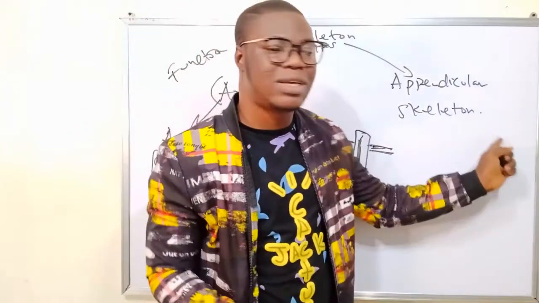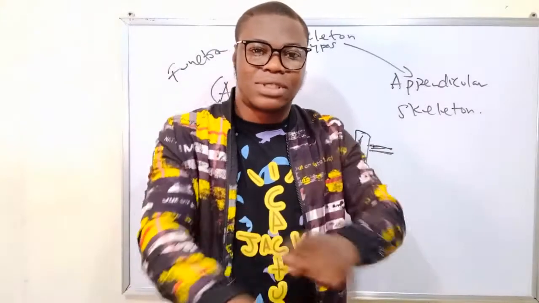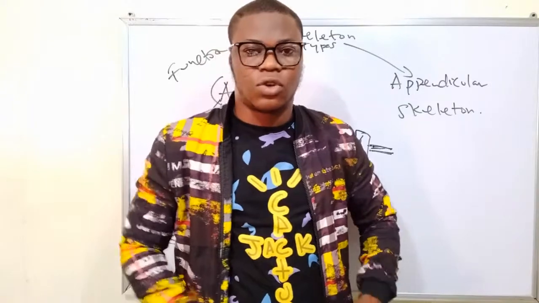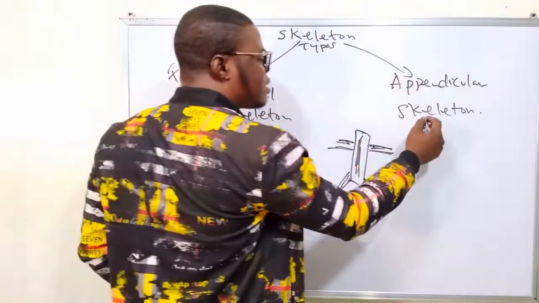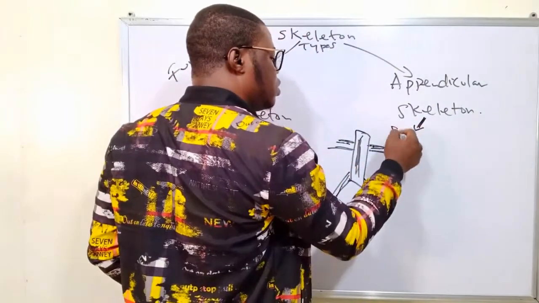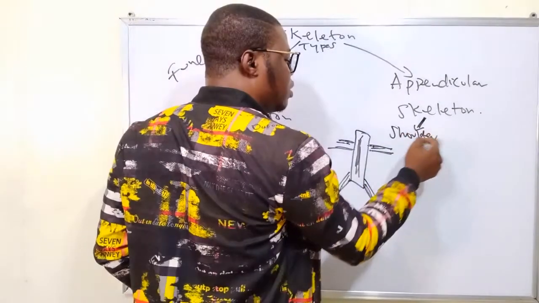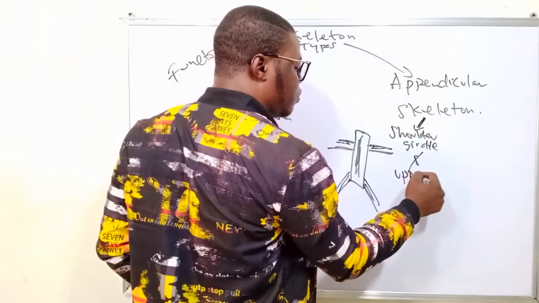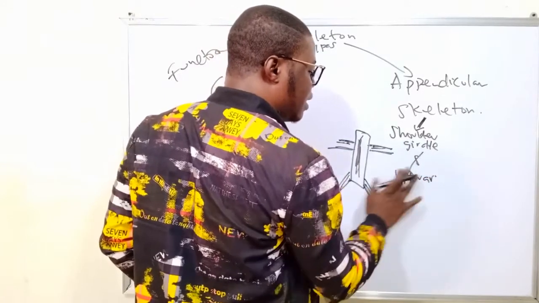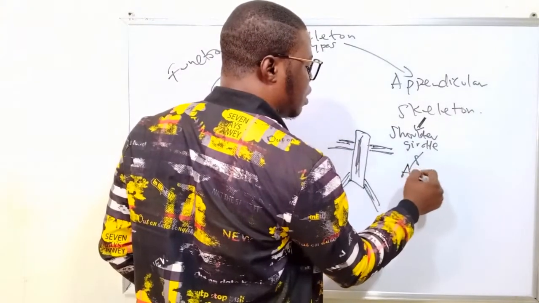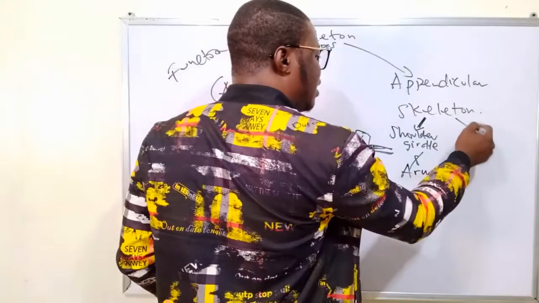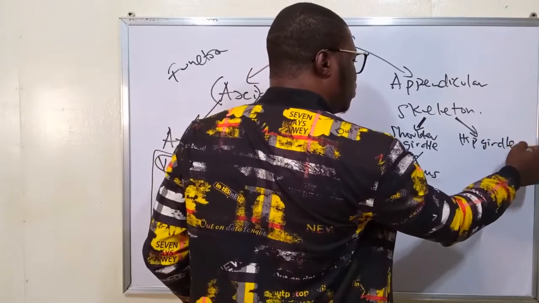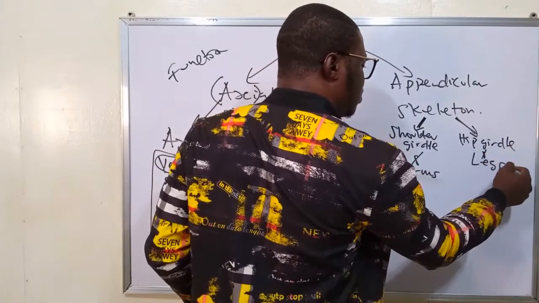The appendicular skeleton is the arms and the legs, together with the shoulder and the hips. Examples are the shoulder girdle, the upper arm, the arms, then the hip girdle, and the legs.